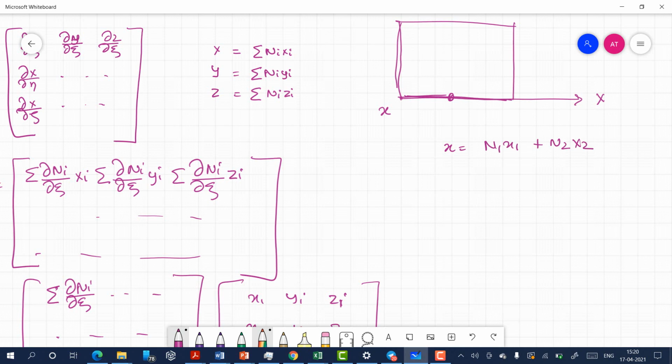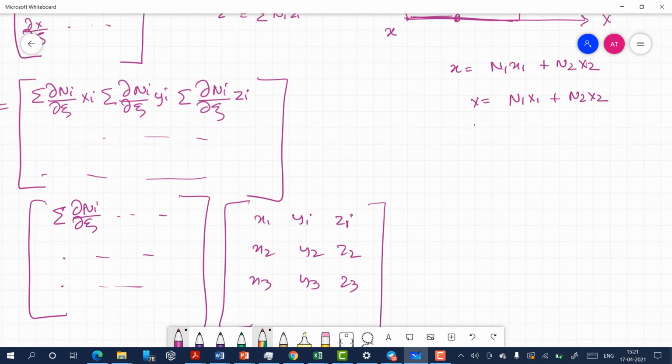And so in a 3-dimensional element, if I have to write the x coordinate between 2 nodes, then x is equal to n1 x1 plus n2 x2, y will be n1 y1 plus n2 y2, and z will be n1 z1 plus n2 z2, right?